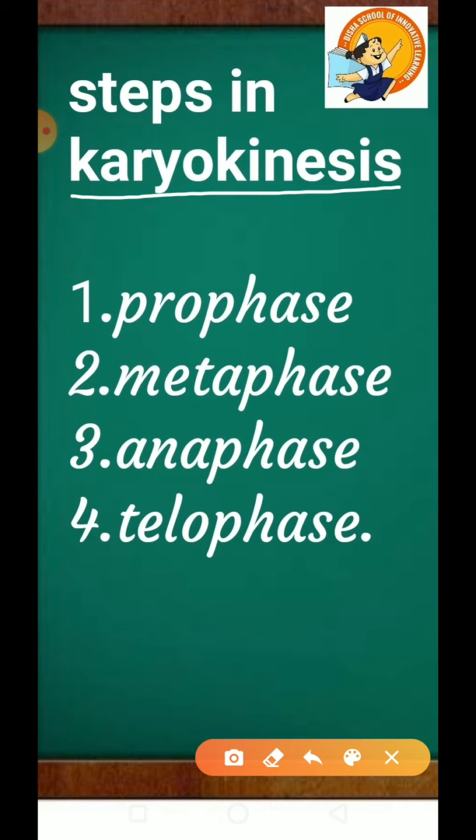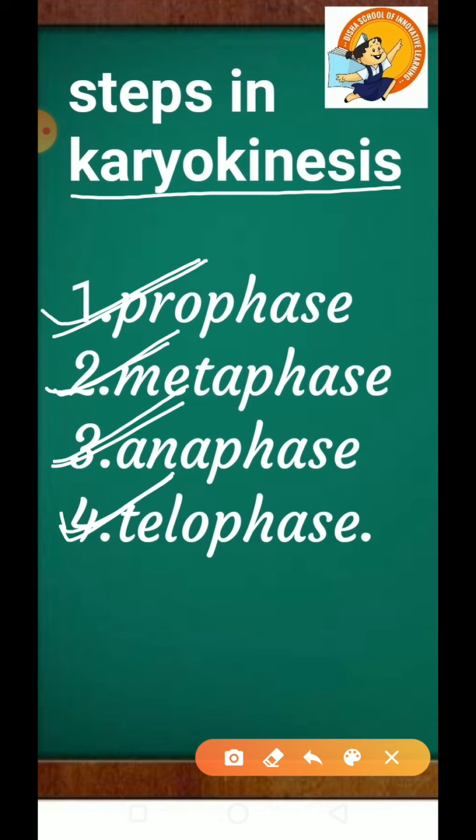One is the prophase, second is the metaphase, third is the anaphase, and fourth is the telophase. In these phases, karyokinesis is completed. Please remember: prophase, metaphase, anaphase, and telophase.